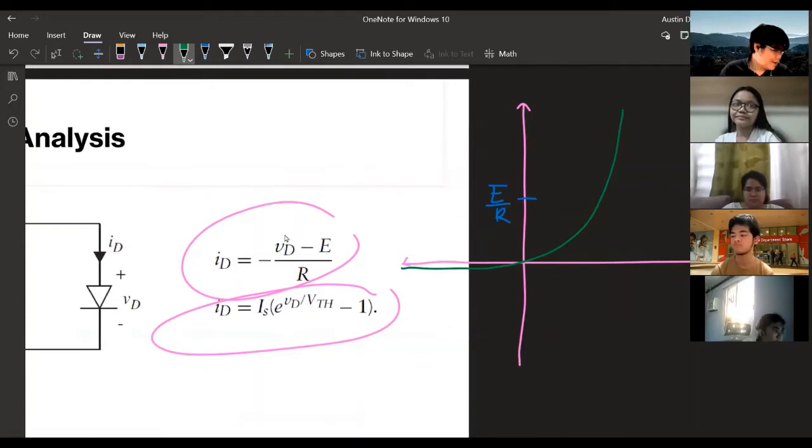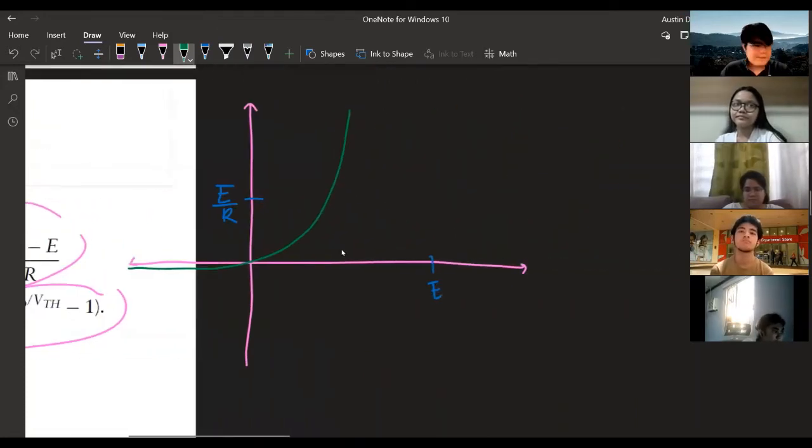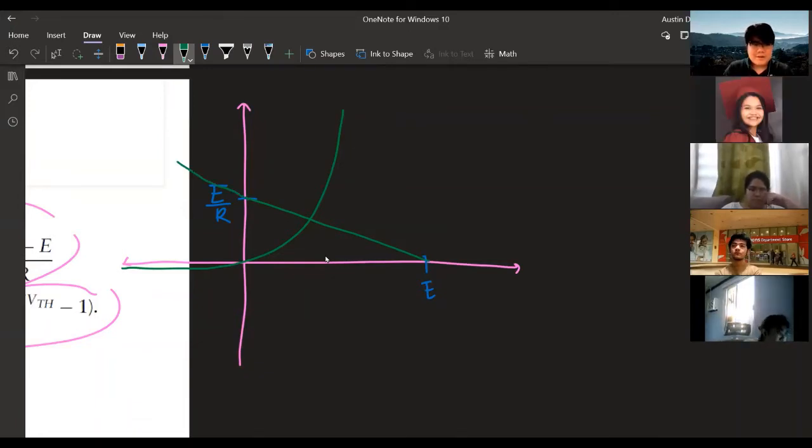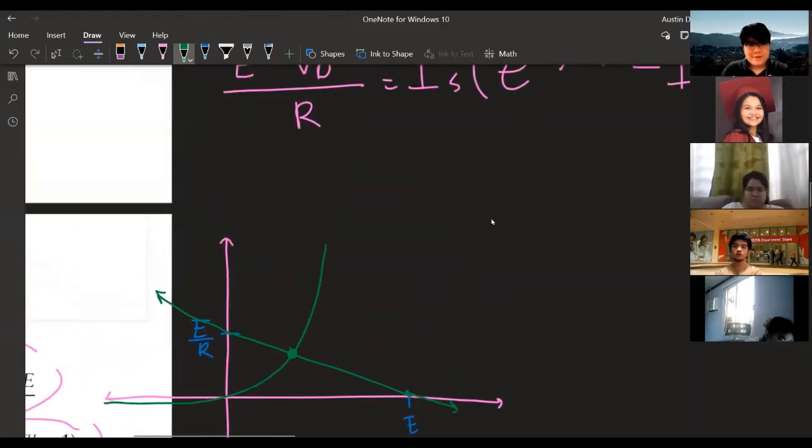I-graph mo lang din siya. You can see that you have something like this. Okay? And then, meron kang intersection. So, dun mag-exist yung solution mo. Okay?